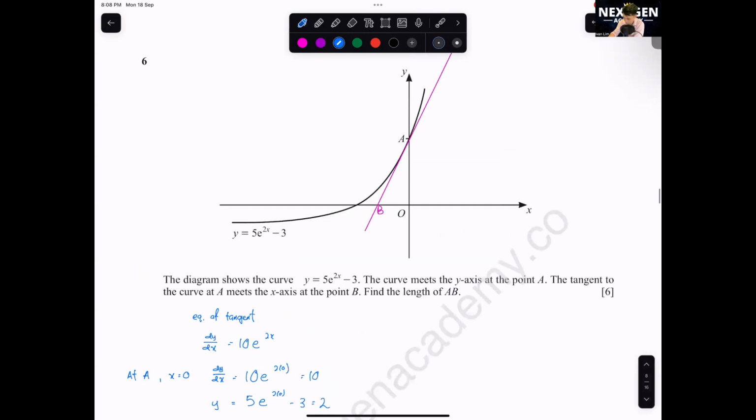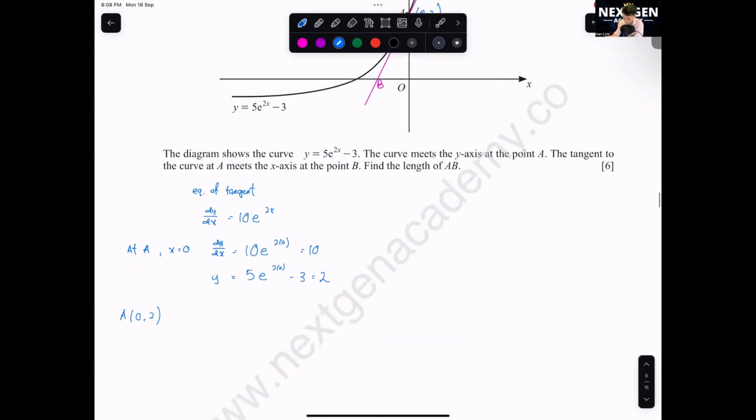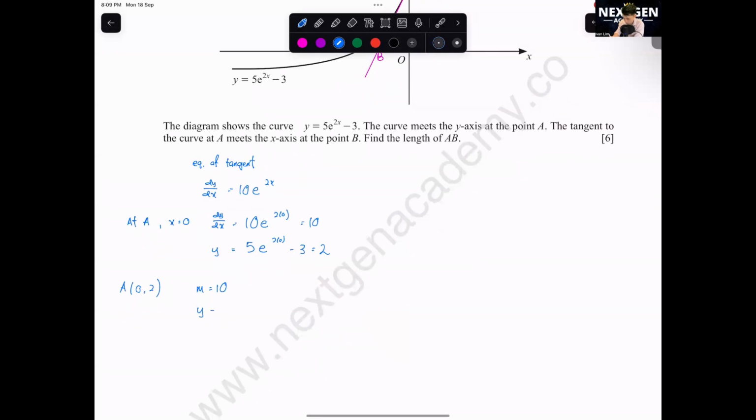Okay, let's write down here first, (0, 2). Now I find the equation of the tangent, because with the equation of the tangent I can find B. y minus y1 equals m times (x minus x1).